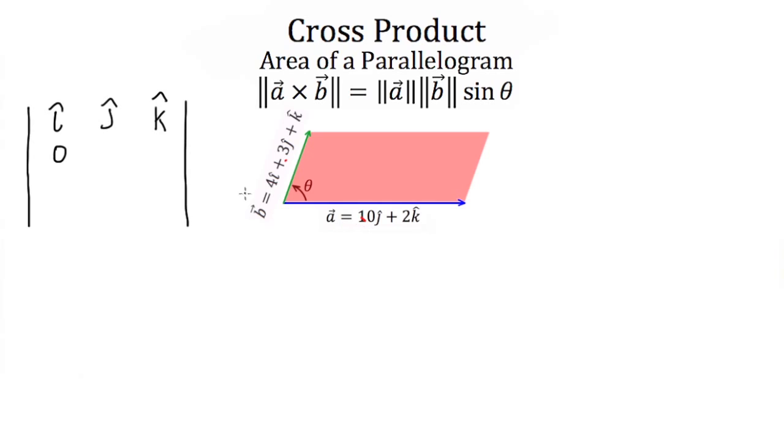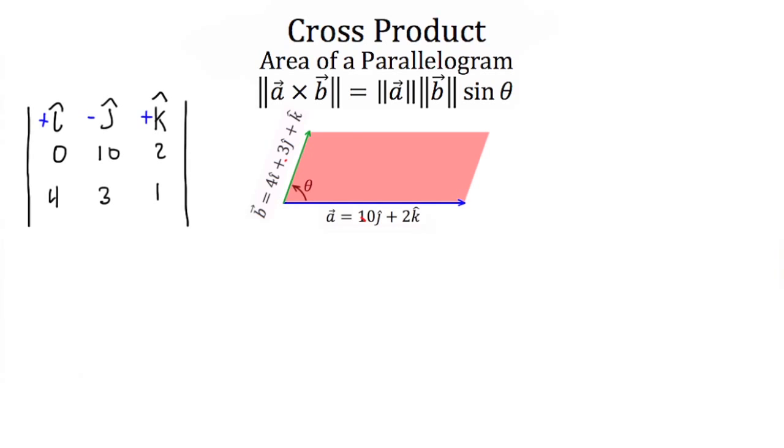I've got 10 in the y and 2 in the z. Vector B moves 4 in the i, or 4 in the x, 3 in the j, or 3 in the y, and 1 in the z, or 1 in the k. Now to find this cross product, this time I'm going to use method 1. I make this a positive i, a negative j, and a positive k.